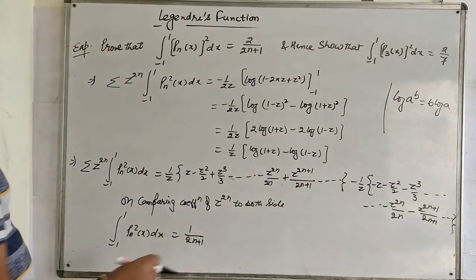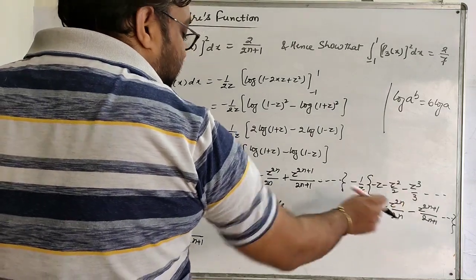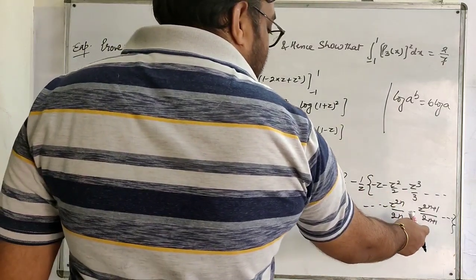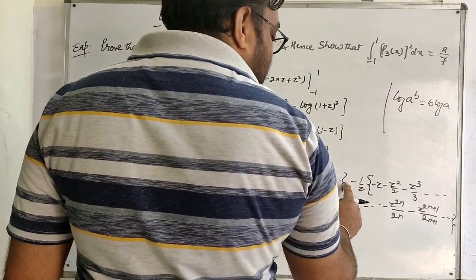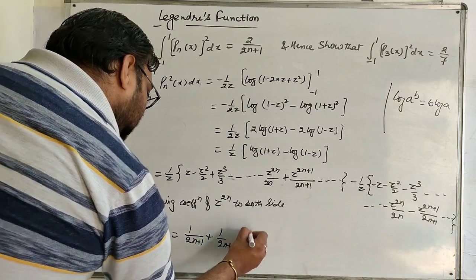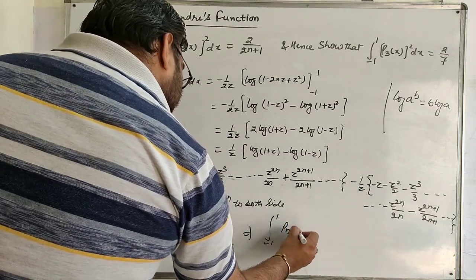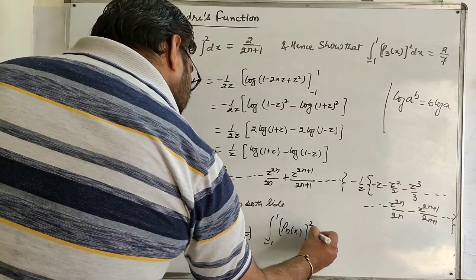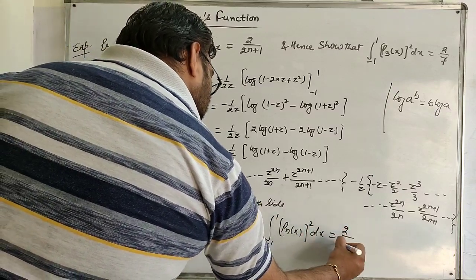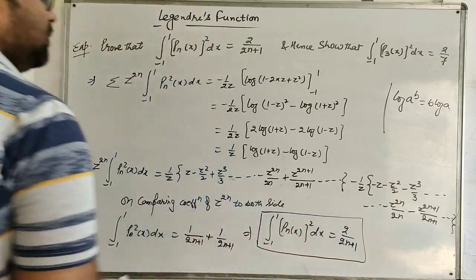And same as when we multiply by minus 1 upon z, then the coefficient of z raised to power 2n is minus 1 upon 2n plus 1, and minus is there, so plus 1 upon 2n plus 1. Or we can write it as integral from minus 1 to 1 of Pn(x) whole square dx is equal to 2 upon 2n plus 1. So this is the proof of the given problem.